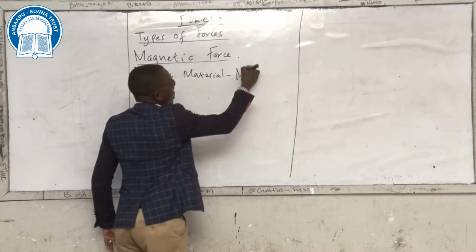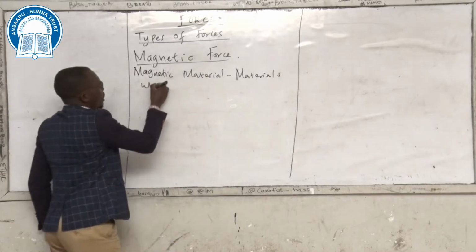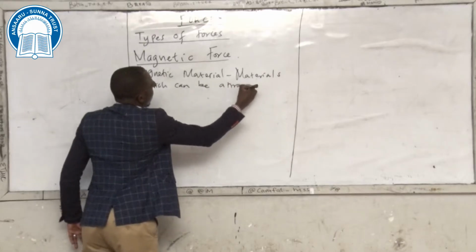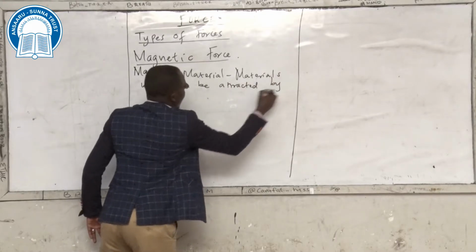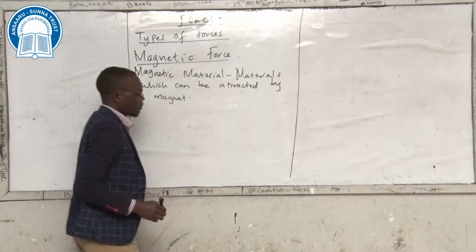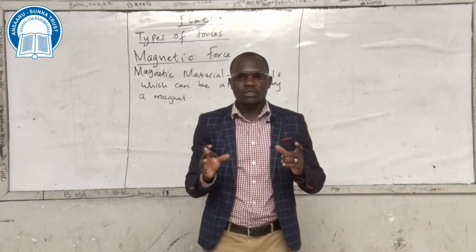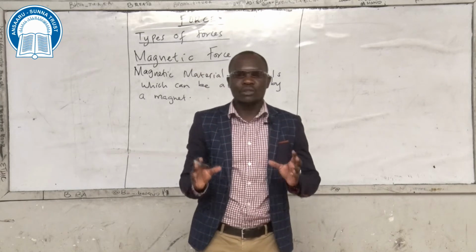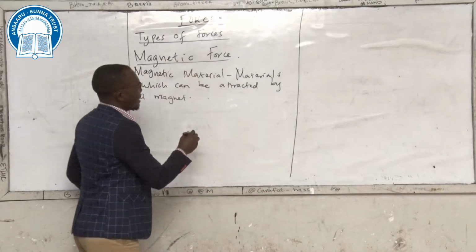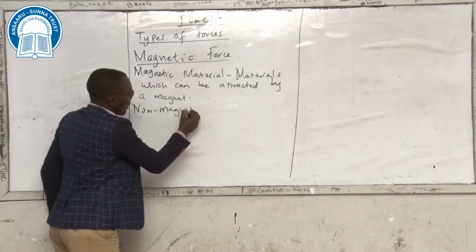Materials which can be attracted by a magnet, we call them magnetic materials. And we have materials which a magnet has no capability of attracting. Such materials are called non-magnetic materials.